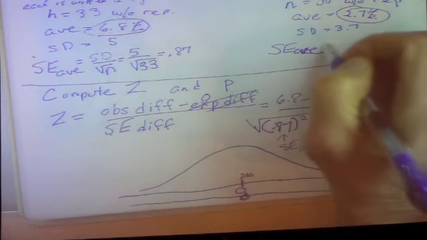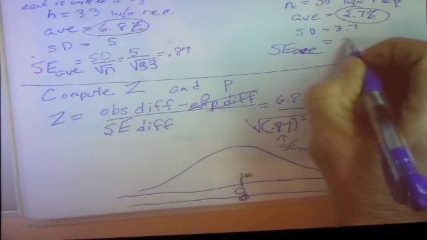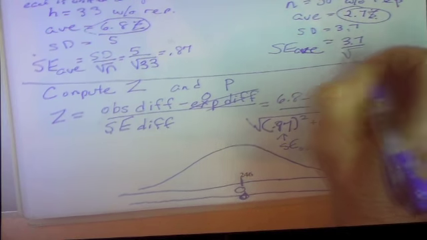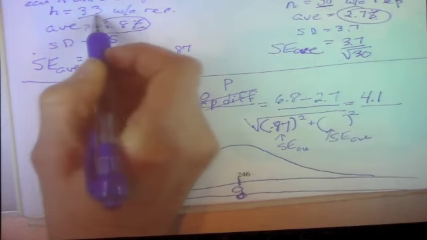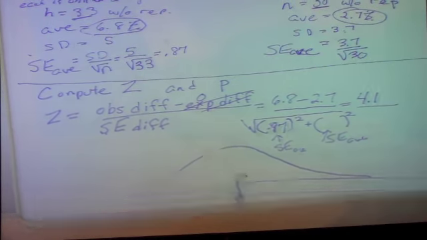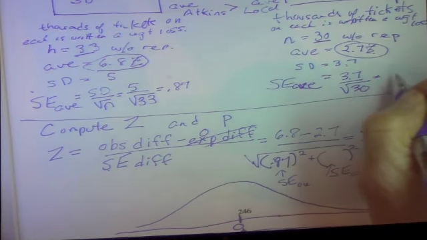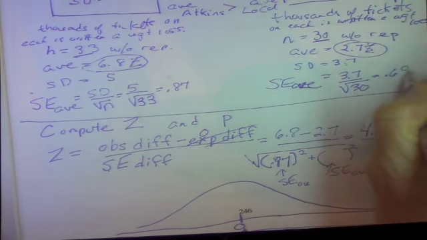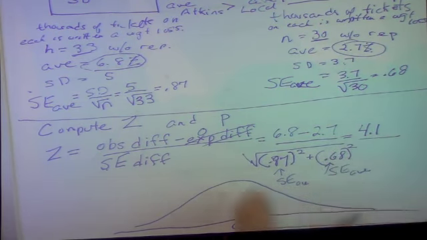And now how do you do this one? We take SD, 3.7, divided by the square root of what this time? 30. Does everybody see that? Questions? So this is 0.68, and that's what goes in here. Okay? Questions so far?